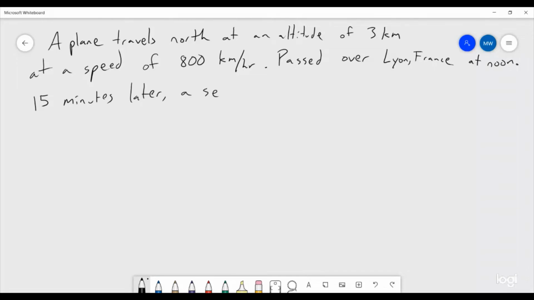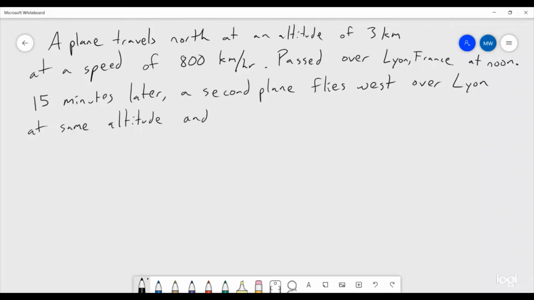We have a second plane that flies west over Lyon at the same altitude and a speed of 900 kilometers an hour. And we are trying to figure out when the planes are the closest.